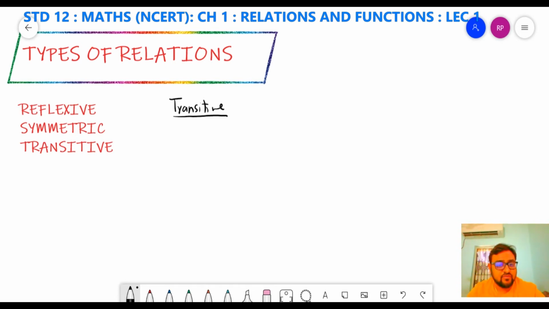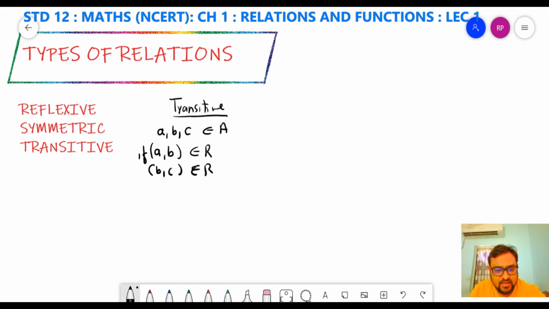Okay, now again we will say the relation is on any set A. Now for any elements a, b, c belonging to A, see, the relation is on set A. If (a, b) belongs to R and (b, c) belongs to R, see, the second element of the first ordered pair and the first element of the second ordered pair I am taking the same.